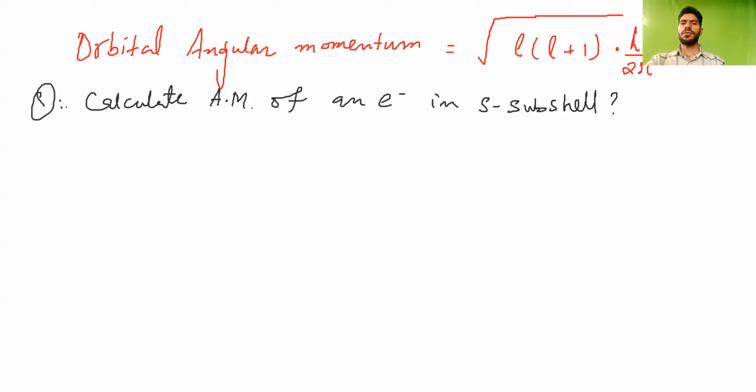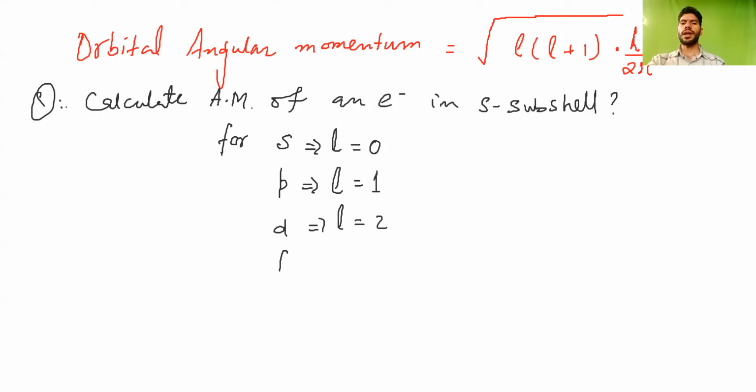For S, you have to remember that the L value will be 0. Similarly, for P, L value is 1. For D, what will be the L value? 2. And for F, L value will be 3.